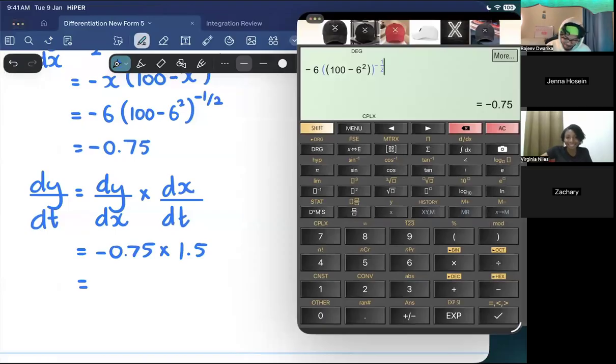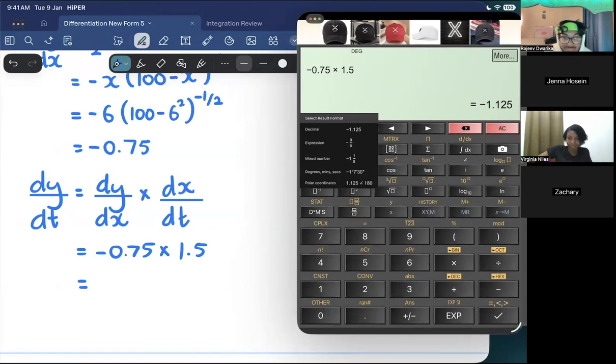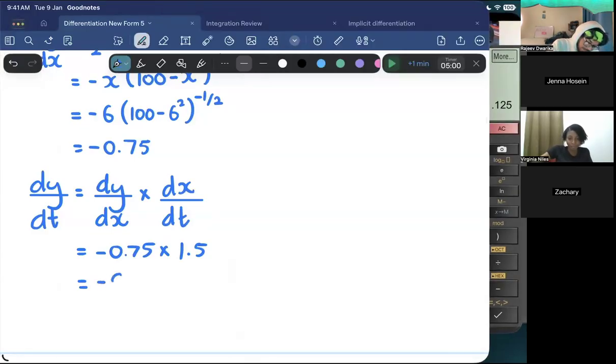Let's go. Which is just minus 9/8. You guys understand? Yes, sir. And the units for this could be what, Jenna? Centimeters?